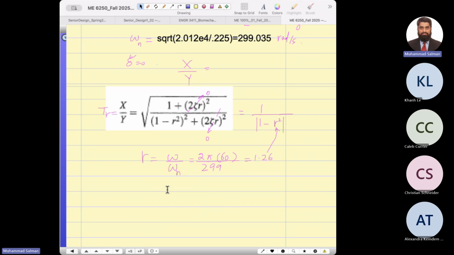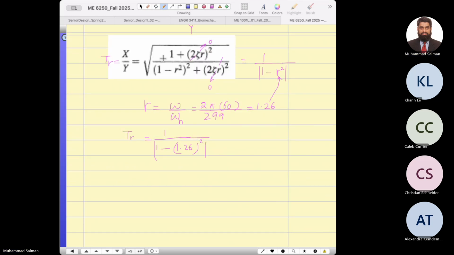I'm sorry, the parameter is, sorry about this. So this is my r squared. So let's do this slowly. 1 minus 1.26 squared equals the transmissibility. Yeah, I know why.